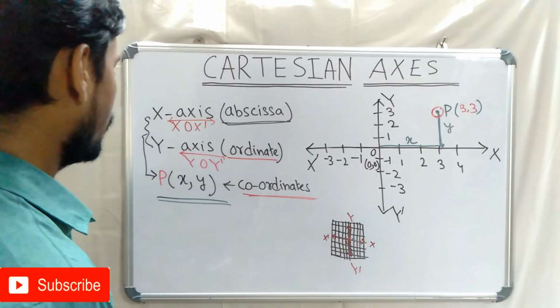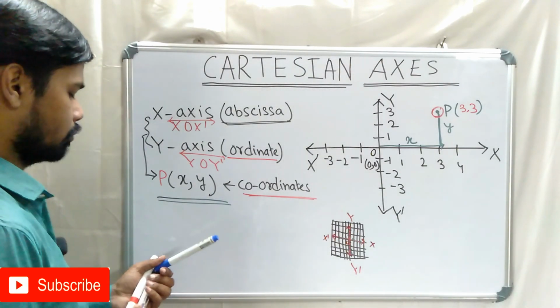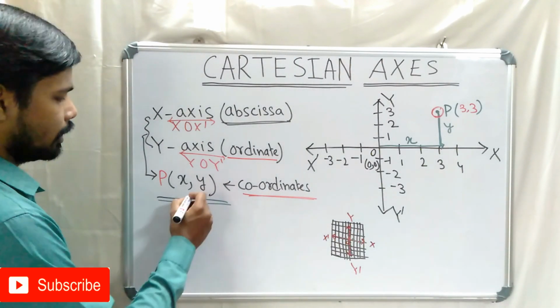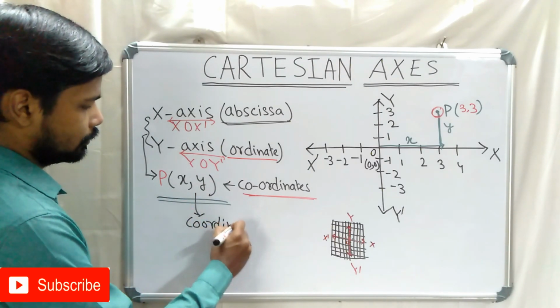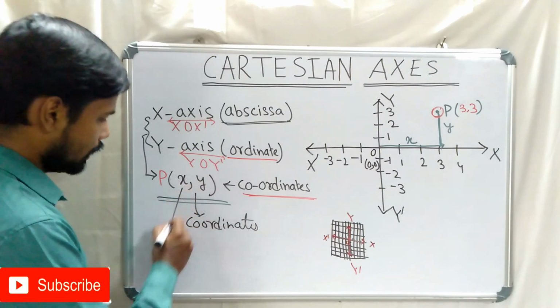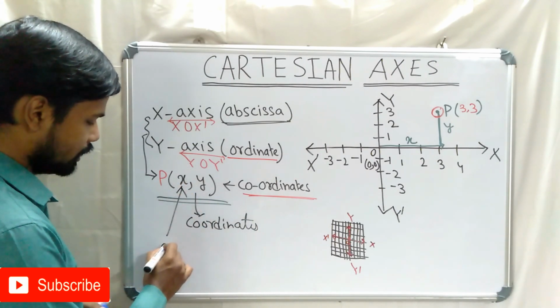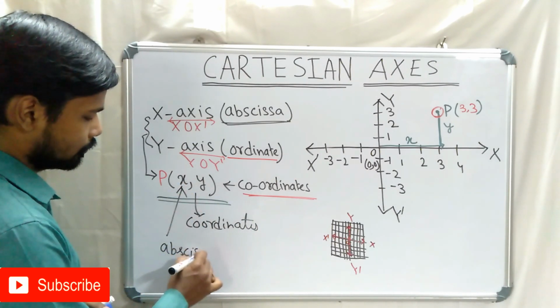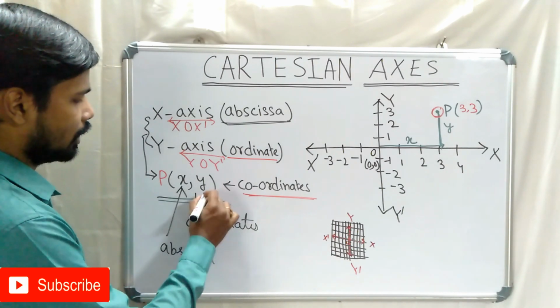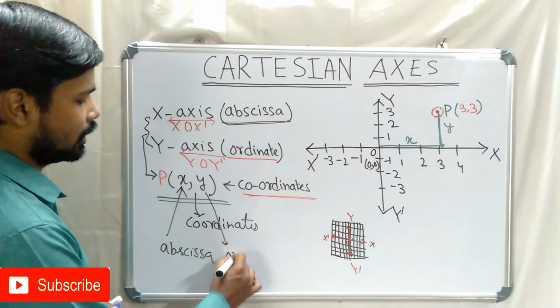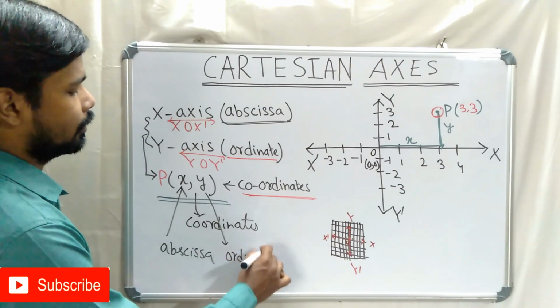So for any point P, the coordinates are x and y, and the x coordinate is known as abscissa, and the y coordinate is known as ordinate.